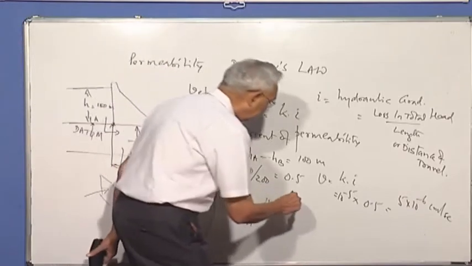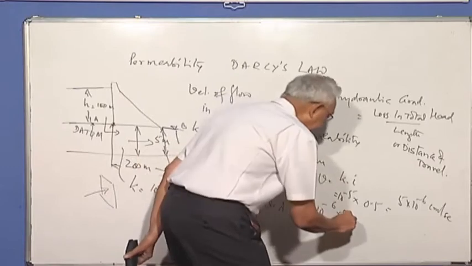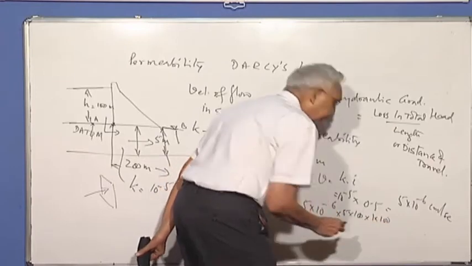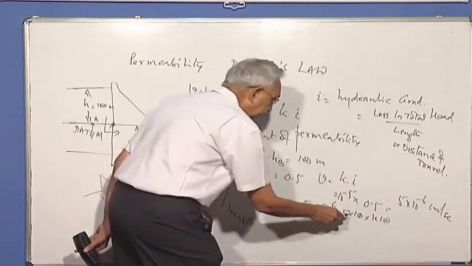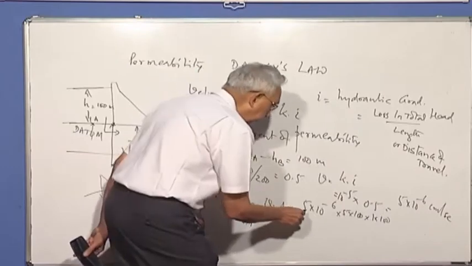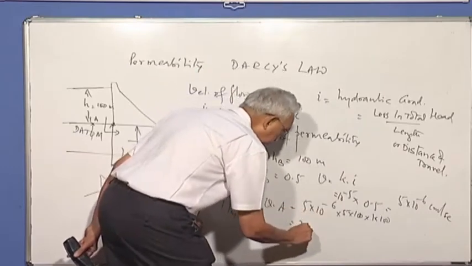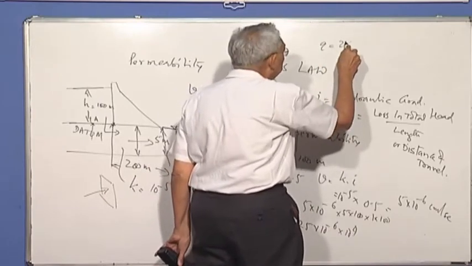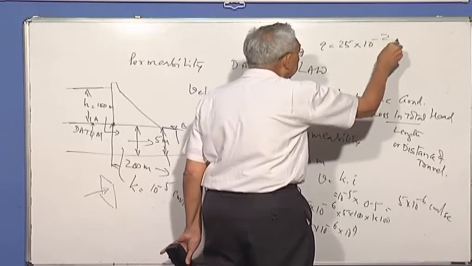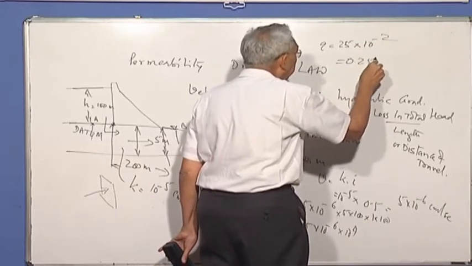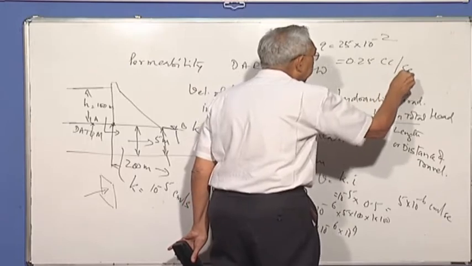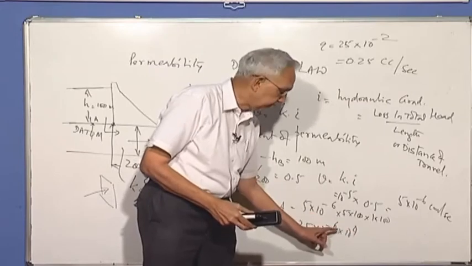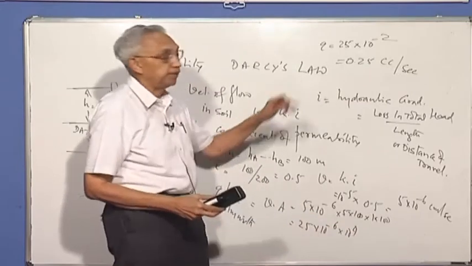So I'm going to multiply 5 meters, of course, into 100 into 1 meter into 100, because I'm converting into centimeters. So that becomes 10 to the power of 4, 5 into 5, 25. So that gives me Q is equal to 25 into 10 to the power of minus 2, or 0.25 cubic centimeters per second. This is 10 to the power of minus 6, 10 to the power of 4, so 10 to the power of minus 2 into 25, 0.25.